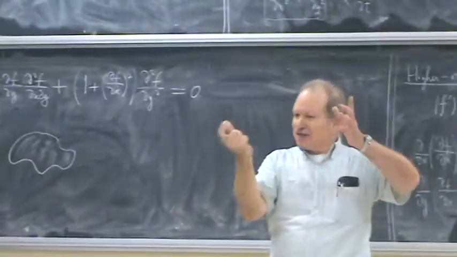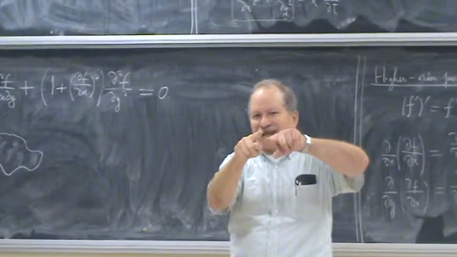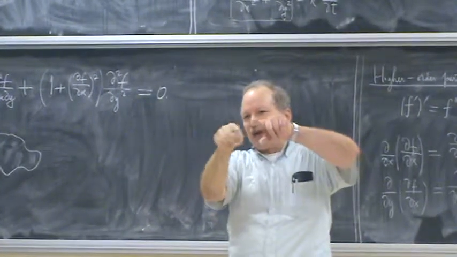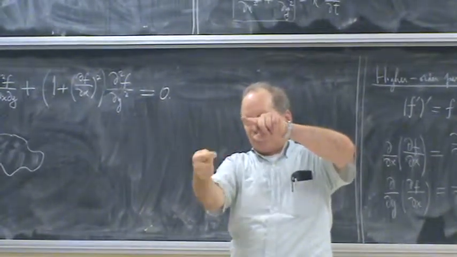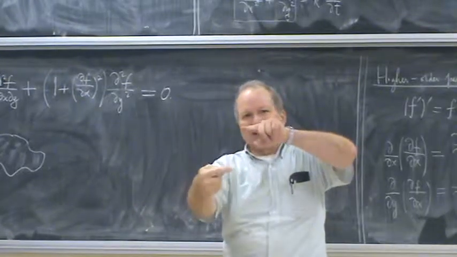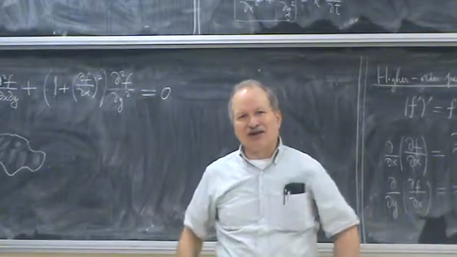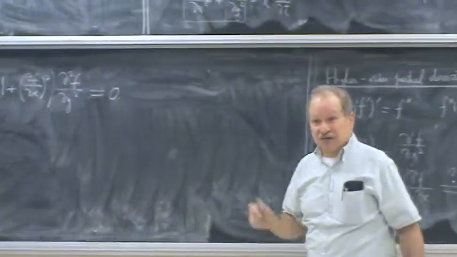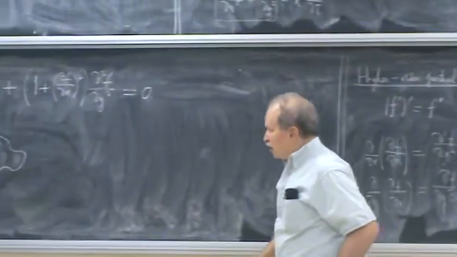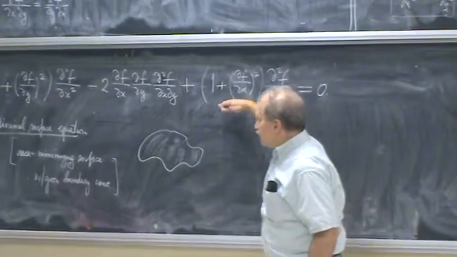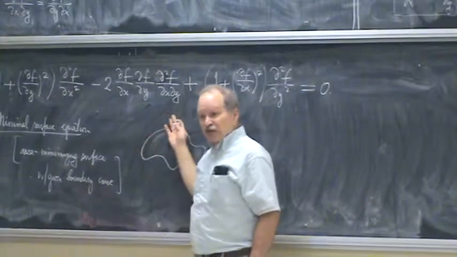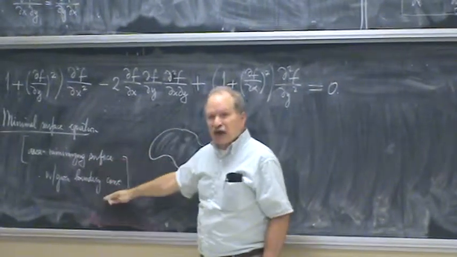So it has to be bent. This is fascinating physics to think about. I'll let Cameron go off and think about it. The amount it's bending up here is exactly the same amount it's bending down in the perpendicular direction if it's going to minimize area or minimize surface tension. Keep surface tension 0. So this differential equation comes from writing down either the physics or trying to minimize area.